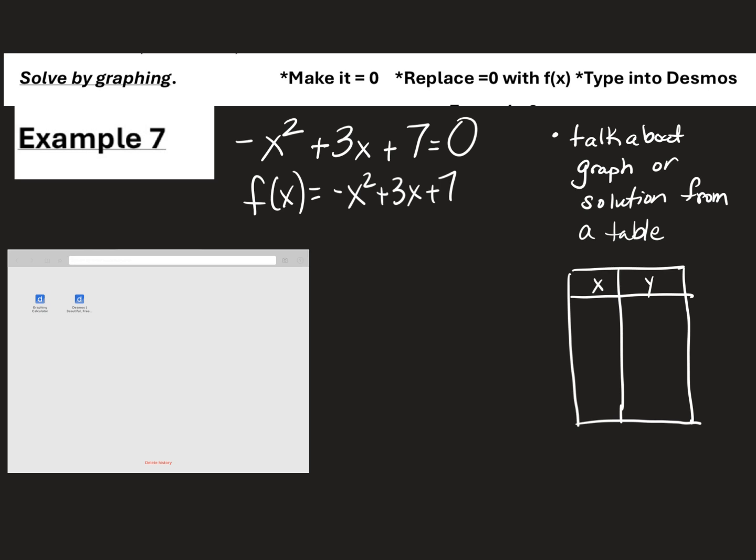And you're welcome to go ahead and find the solutions. We know Desmos gives us the exact solutions. We don't have to worry about estimating. But I'm going to type this in and write down part of a table so you can see what happens in case you encounter a problem like that.